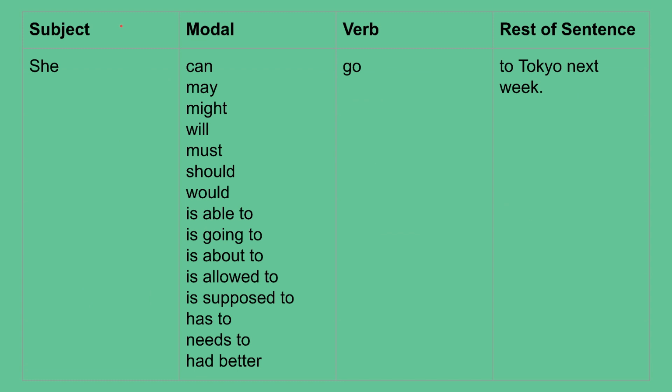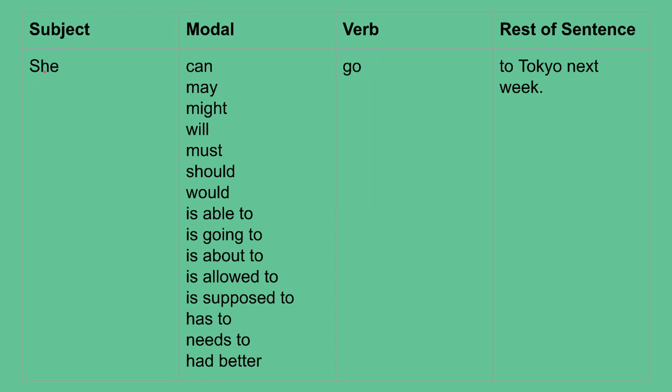So next, the rule for modals is very easy, right? In English, we always have subject, verb, and then the object or the rest of the sentence. In this sentence, we don't have an object, but the modal always comes before the verb, and the verb is always in the base form.